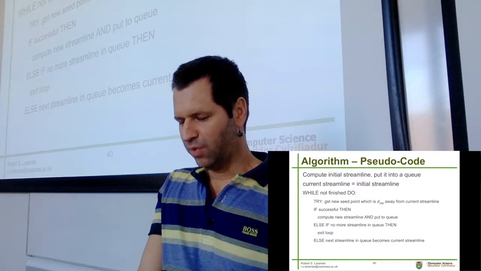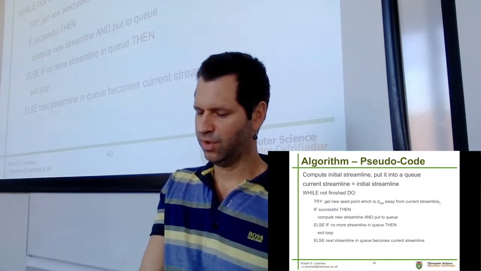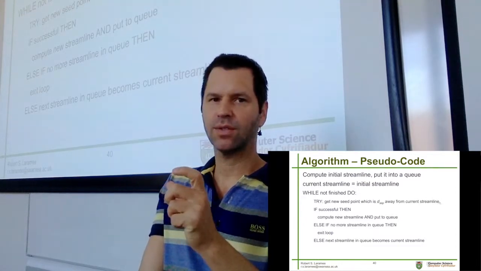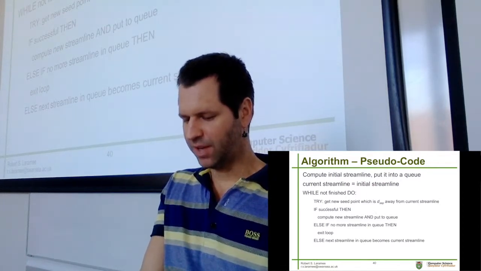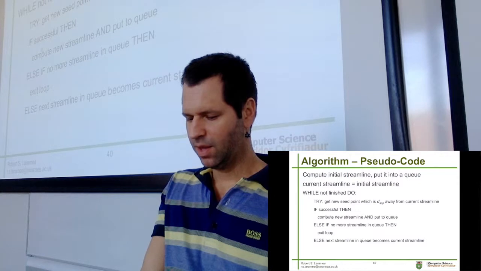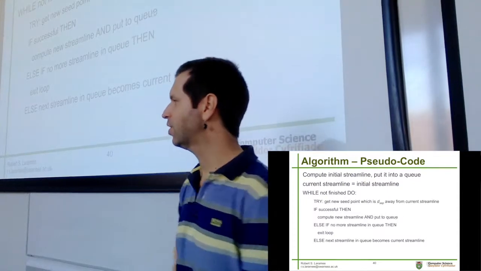We search both sides of the current streamline for a seed point which is d-sep away from the current streamline, so an empty space, d-sep away. If we find an empty space, then we plant a seed and use that to compute a new streamline and put it in the queue.